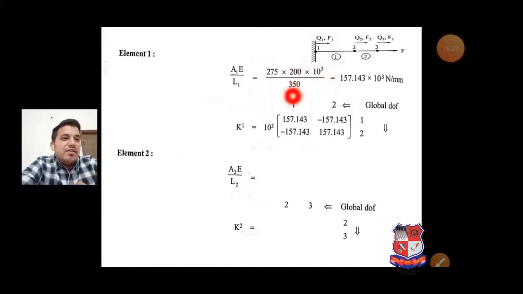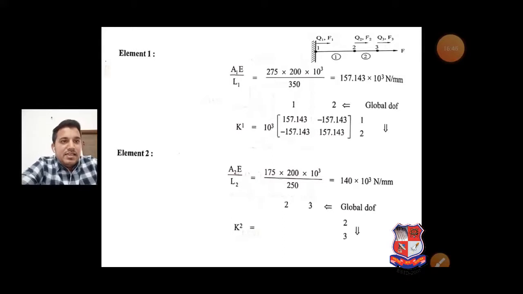For the first element, it goes from 1 to 2. When we find the global stiffness matrix, we place the entries 1 1, 1 2, 2 1 and 2 2. Similarly we find the value for element number 2, which is 140 into 10 raised to 3 Newton per mm.